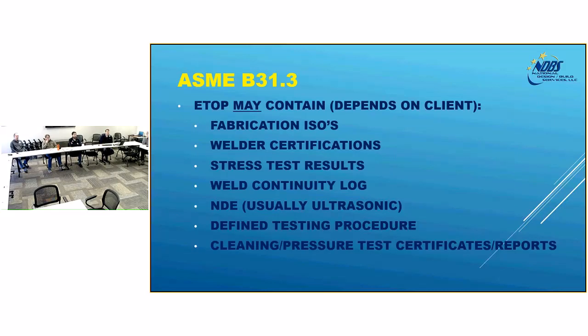Here's the information that would be in your turnover package. Now, I say that it may contain these items, whereas on B31.1 it must contain those items per code. With B31.3, because the specs are client dependent, so are the contents of the turnover package.